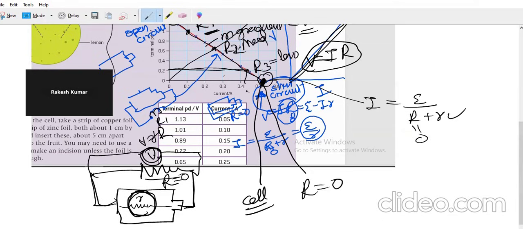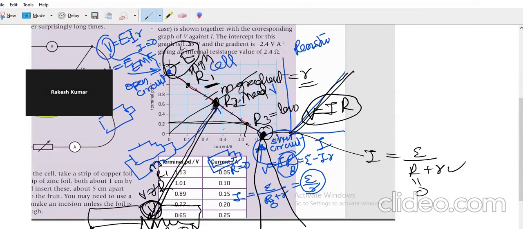And at any other position, energy is being consumed by both, by this also and by this also. And here, there is no energy being consumed because I is zero. And V is the maximum, and it is the EMF.